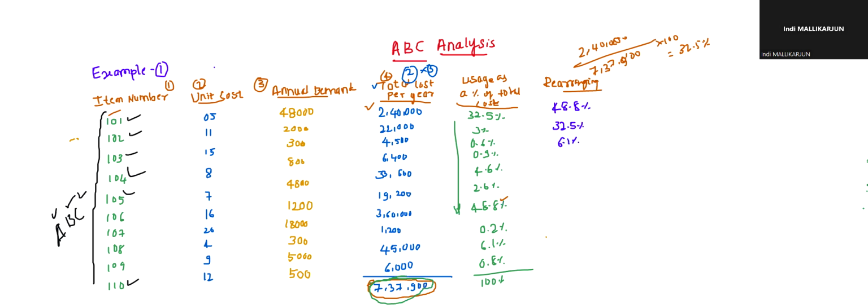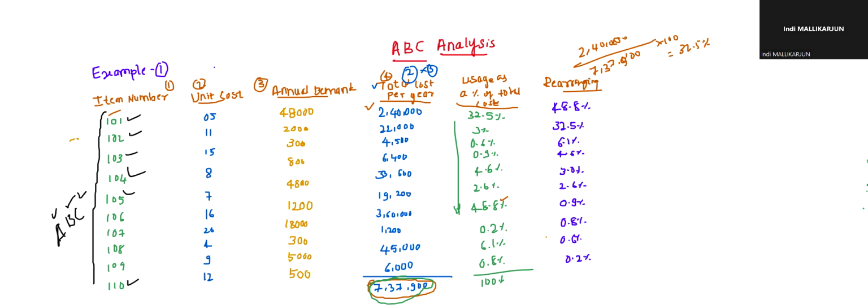Next, 4.6%. Next, 3.0%. Next, 2.6%. 0.9%. Next, 0.8%. 0.6%. 0.2%. If you are getting confused, then write down the item number also here itself.